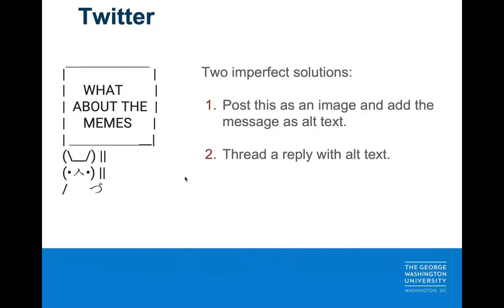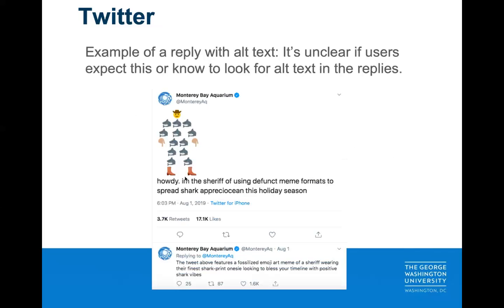The other method is to add a reply to the text with some alt text. So if you've seen, here's an example. Monterey Bay Aquarium does this a lot, where they will post a meme and then follow that up with a reply in plain text, just kind of explaining the joke for the screen reader. Again, this is not a perfect solution either because it's not really a widespread practice.